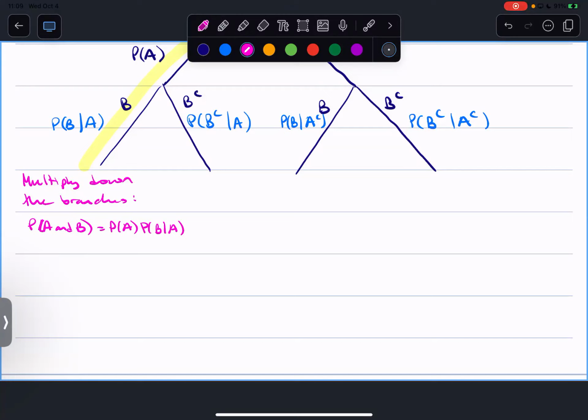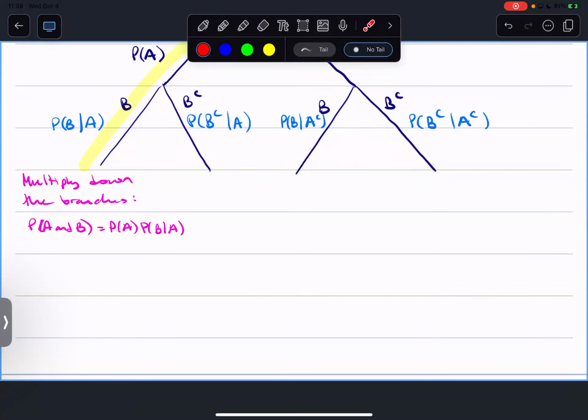This might be a nice time to remember that if these probabilities are not conditional on A, that can happen, they can be independent. Well, then what's the probability of B? It's just the probability of B, because it doesn't care what A is, right?